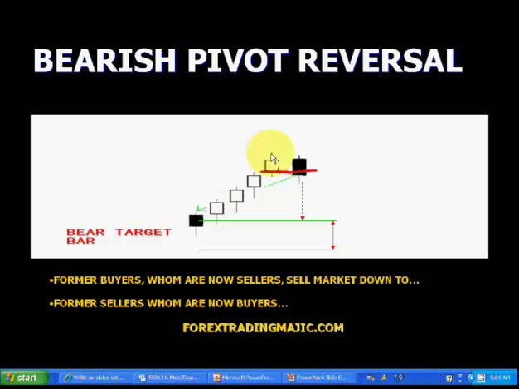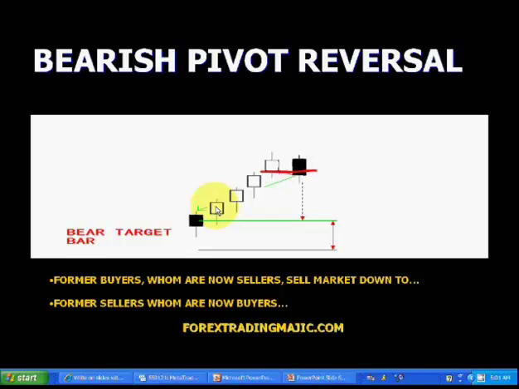of bars. And in the same way as the bullish pivot, this does not have to necessarily be the swing bar. This bar could have made a higher high, and it would be the swing bar.